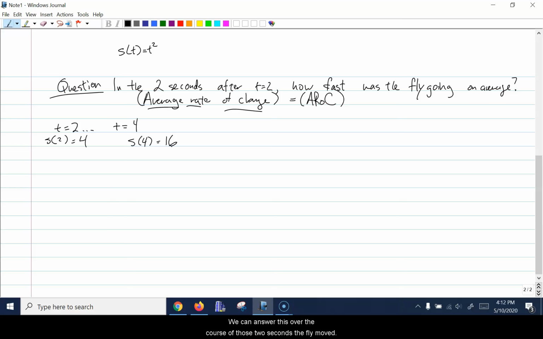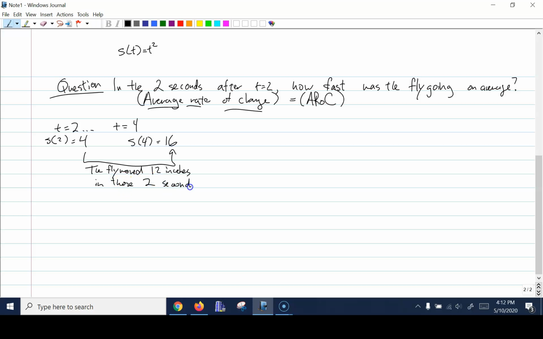We can answer this. Over the course of those 2 seconds, the fly moved 12 inches in those 2 seconds. So distance divided by time is 12 over 2, which is 6.